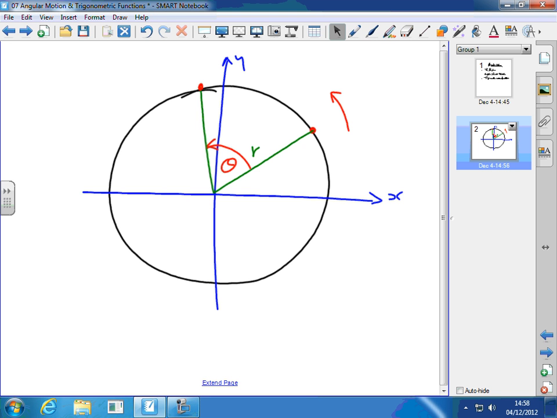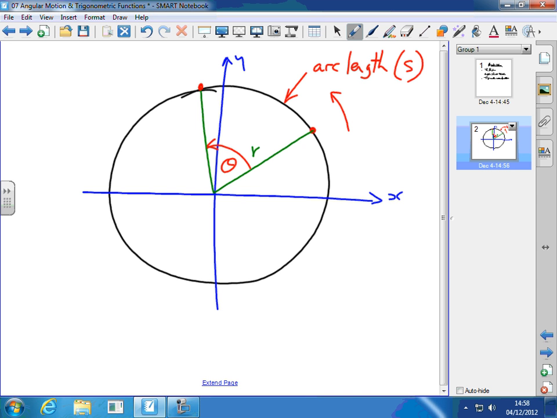We want a unit of measure that gives us an idea of how far it's actually moved around the outside of this circle, and that's called an arc length. From there to there, this distance is called the arc length. So we've got an arc length here, and we use the letter S to represent arc length.